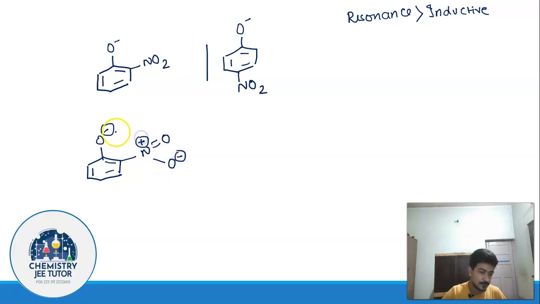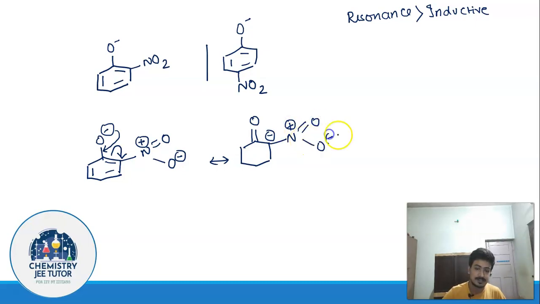In this case, the same protocol we are going to follow, top to middle, middle to top. We are going to get this, plus here, this, and this. Now this negative charge has two options. It can go here, top to middle of this bond, middle to top of this.